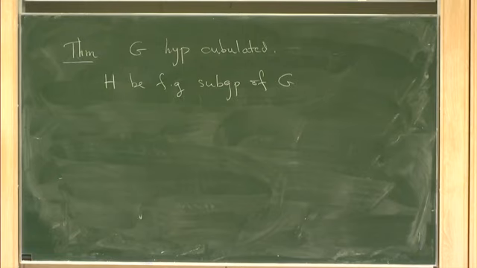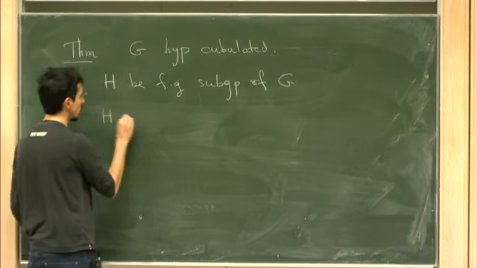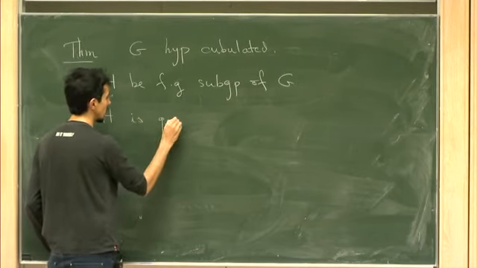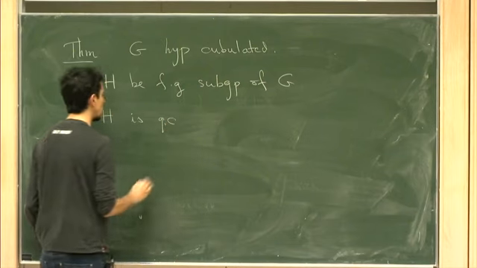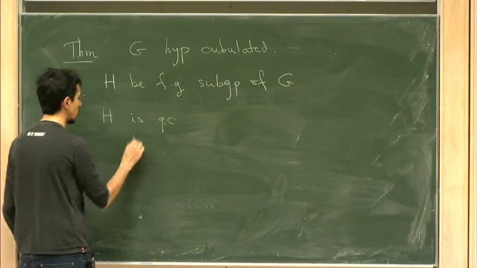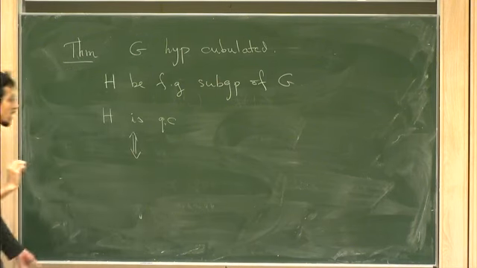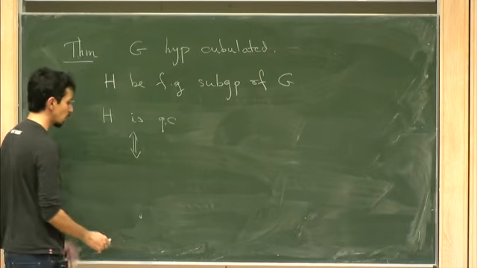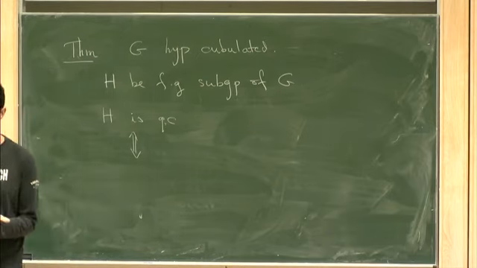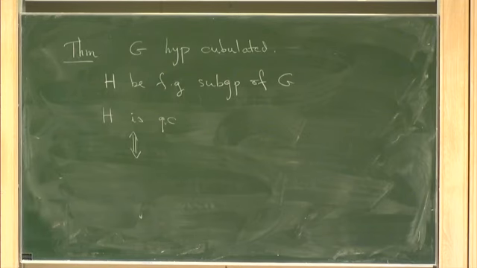And now I'm claiming H is quasi-convex if and only if the following condition holds. If you look at hyperplane stabilizers, if it is quasi-convex, the hyperplane stabilizers are anyway quasi-convex, and the intersection of the two, meaning the stabilizers in this subgroup, are also quasi-convex, hence hyperbolic, hence finitely generated.